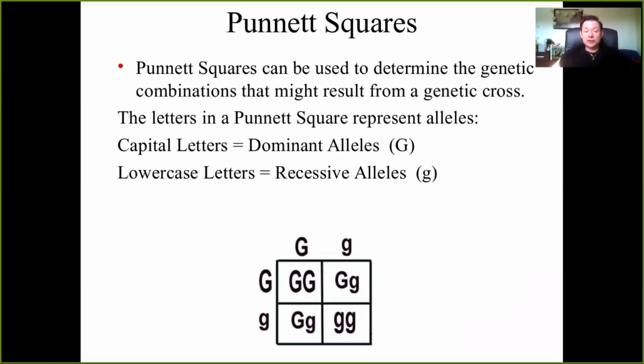You could get two bigs, or you could get two littles. So you could get one with two bigs, one with two littles, and two with a big and a little. But remember, the big G is dominant, so out of each 4 offspring, on average, you would have 3 with the dominant trait showing, 1 with the recessive trait showing.